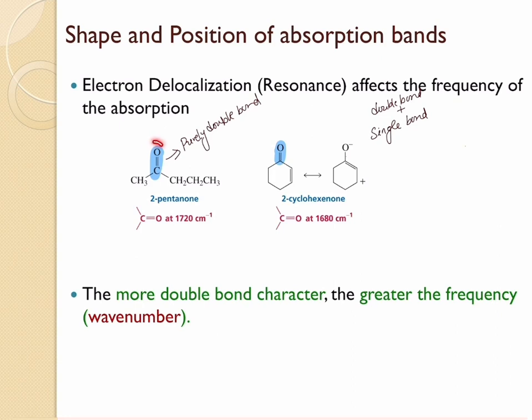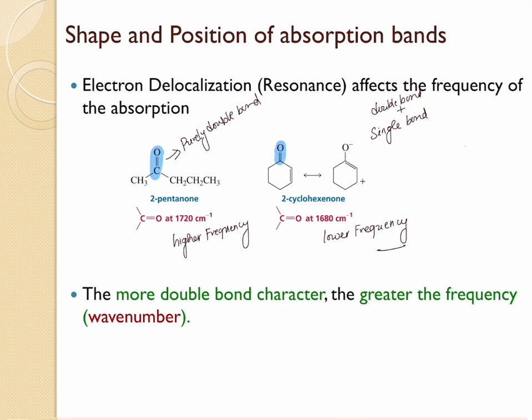Here we only have a double bond, which is going to be stronger, right? And therefore it is going to have a higher frequency. So this one right here is higher frequency compared to what we have in the case of 2-cyclohexanone. But here, since we have both double bond and single bond character, the strength of the bond is weaker, or bond order is going to be slightly less, and because of which it is going to stretch at a lower frequency. So this one at lower frequency.